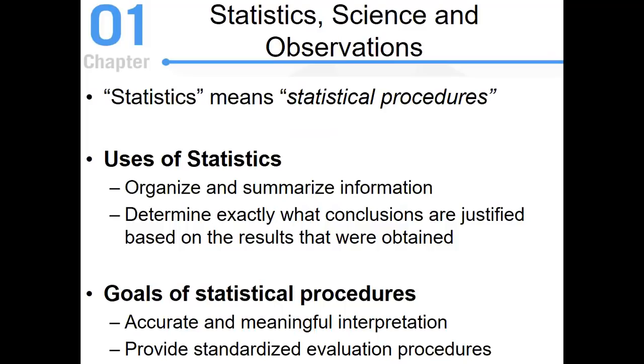The goal of all of statistics is to provide an accurate and meaningful interpretation of the data, and it also sets up a standardized process, right? Everybody is using statistical procedures. There are rules about what's appropriate and what's inappropriate given the data, and basically everyone is held to the same objective platform for evaluating their data. It provides a standardized evaluation process.